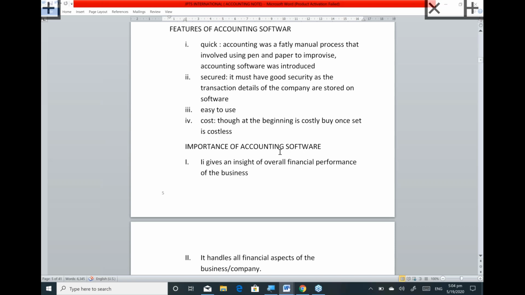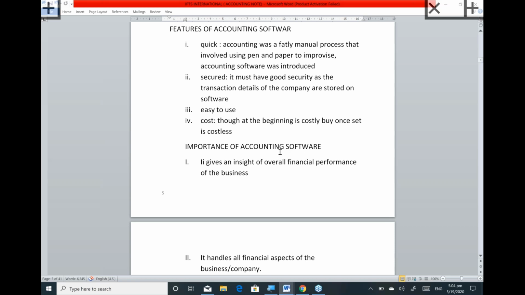Two, secure. It must have good security, as the transaction details of the company are stored on the software. There must be a good password that you need. Then we also look at easy to use. It is very easy to use. Once you master it, you can be on your phone just checking what you want to check concerning your account.